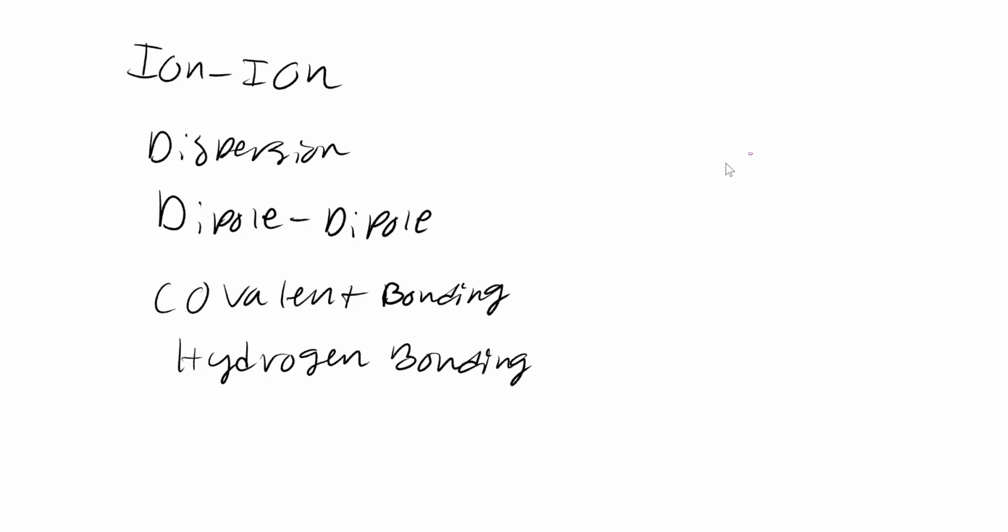Which one of these intermolecular forces is the weakest? So which one is the weakest? Well, this tends to be the best one. This is the strongest one. It occurs with a metal and a non-metal.